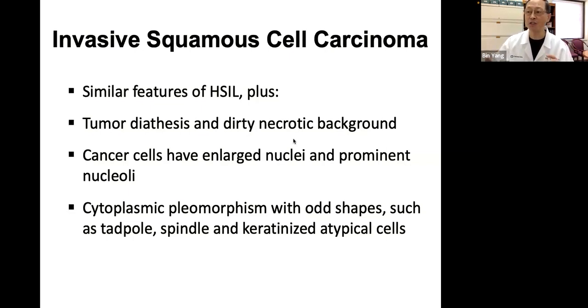They somehow share this nuclear pleomorphism with L cells, but L cells don't have this tumor diathesis, right? And you start to see prominent nucleoli. The cytoplasm often shows odd shapes, I call it cytoplasmic pleomorphism: tadpole, spindle, keratinized, you name it.